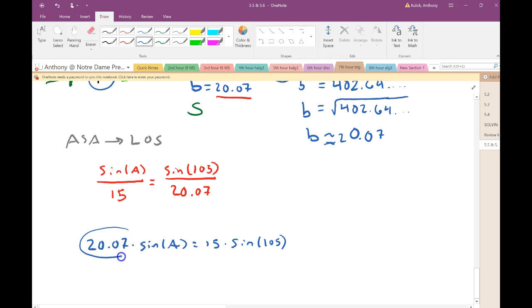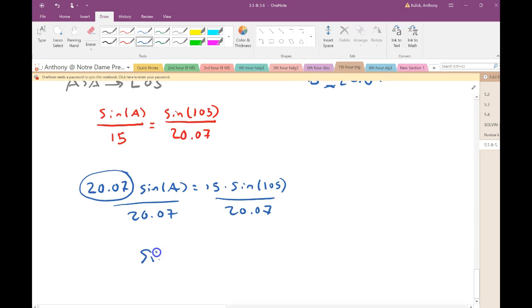I need to get rid of this here, so let's divide that away. So I have sine A equals 15 times sine 105 divided by 20.07. Again, if you want to turn that into a decimal, you're welcome to. I'm going to leave it the way it is because it seems like less writing.